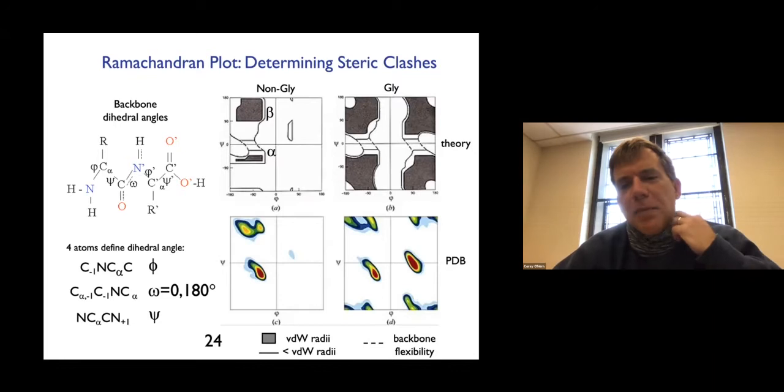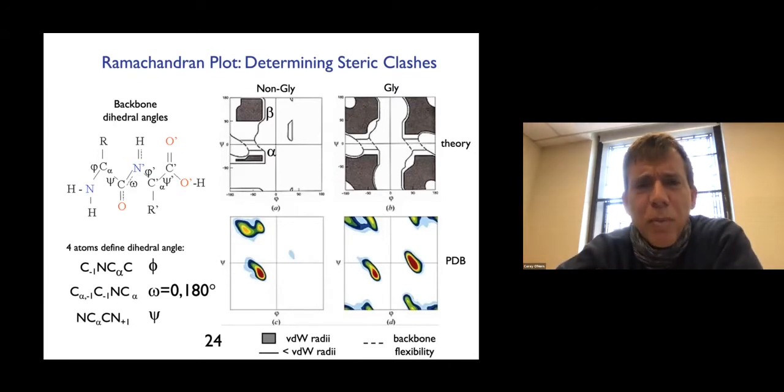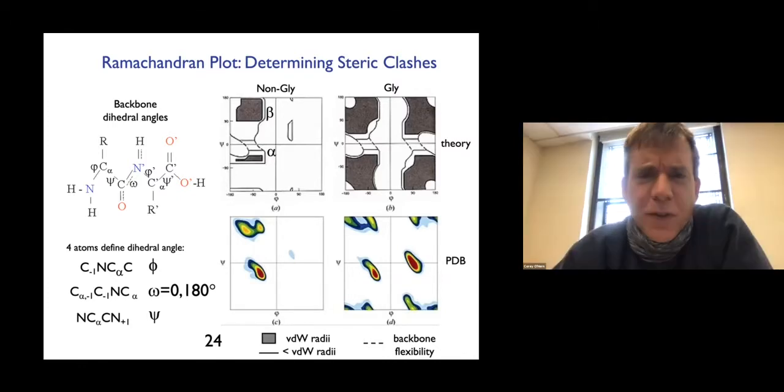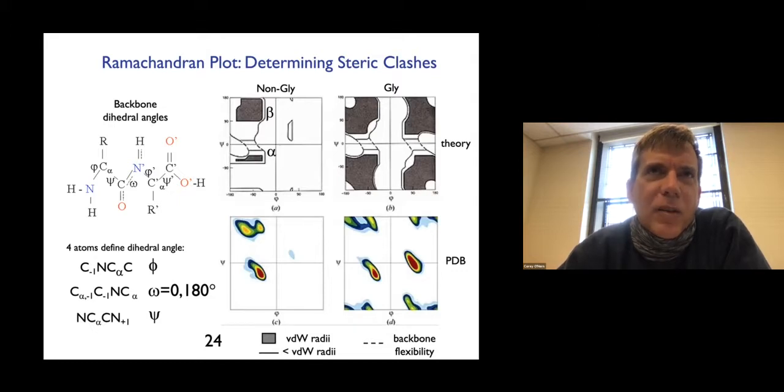So again, what Ramachandran did with the theoretical model is just consider a dipeptide in the absence of the environment of the rest of the protein, whereas if you're plotting actual data from experimental crystal structures, obviously that particular protein has an environment, and so you're not plotting just the dipeptides in isolation.